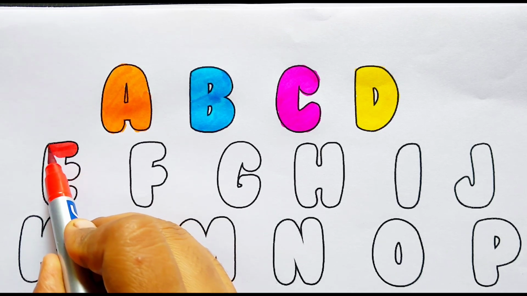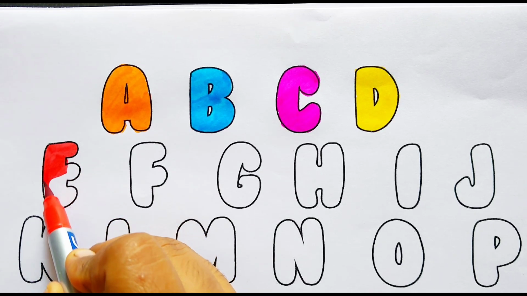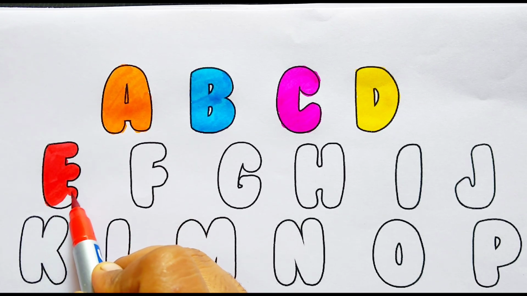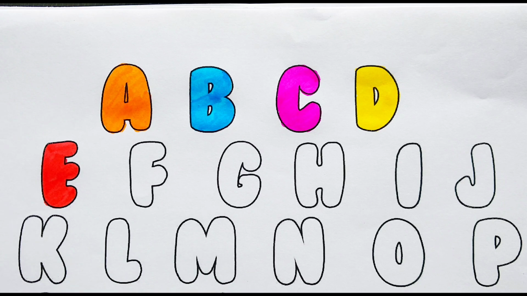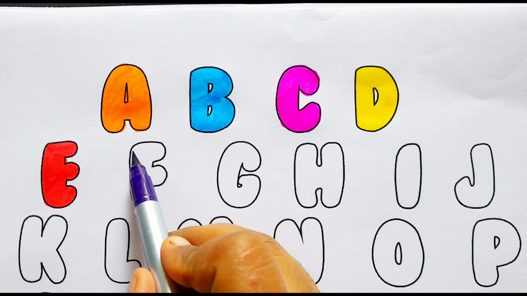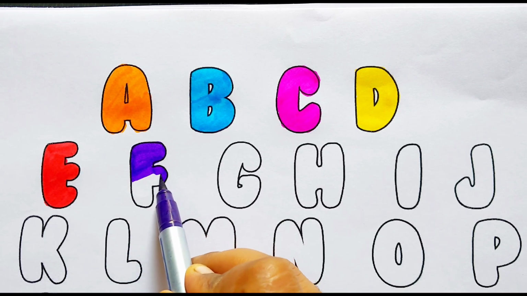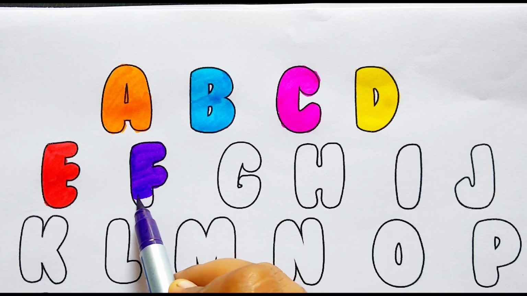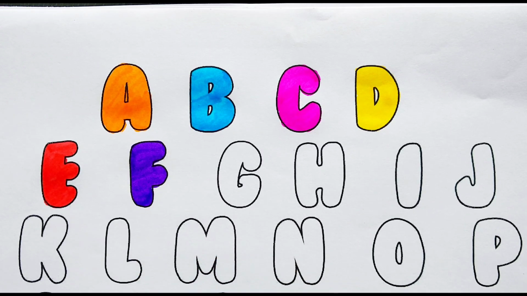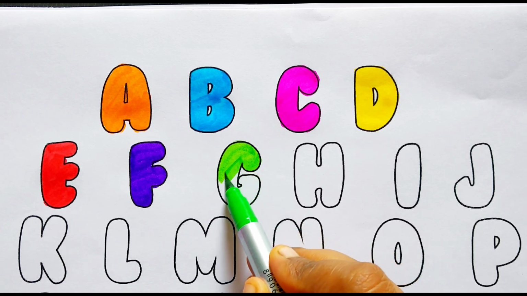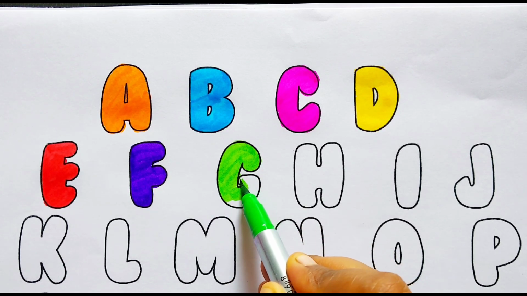E. E for eagle. F. F for fish. G. G for goat.